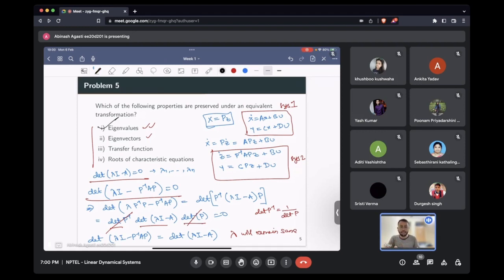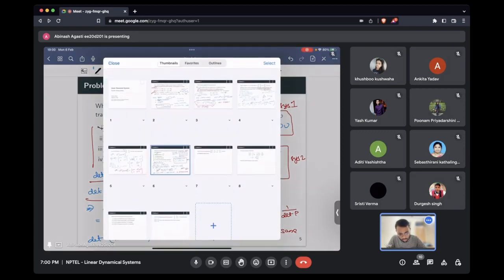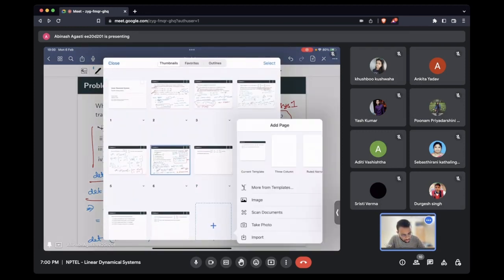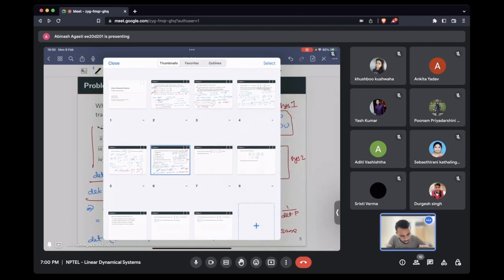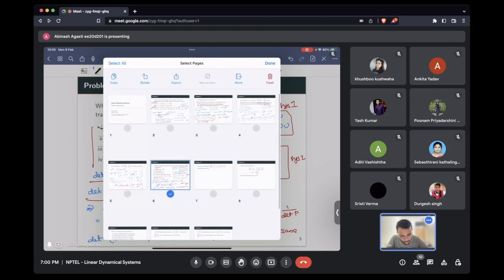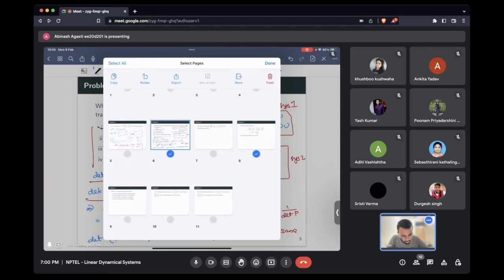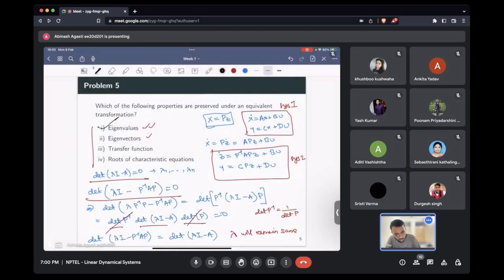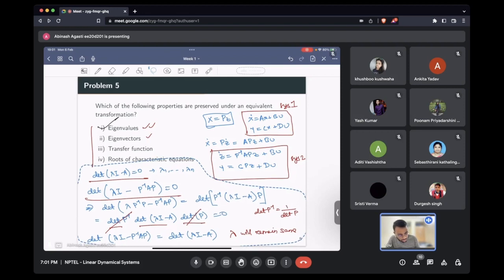Now let's keep eigenvector at bay for now and think about transfer functions. Okay, just a minute. Let's take this one now. Is this part clear?